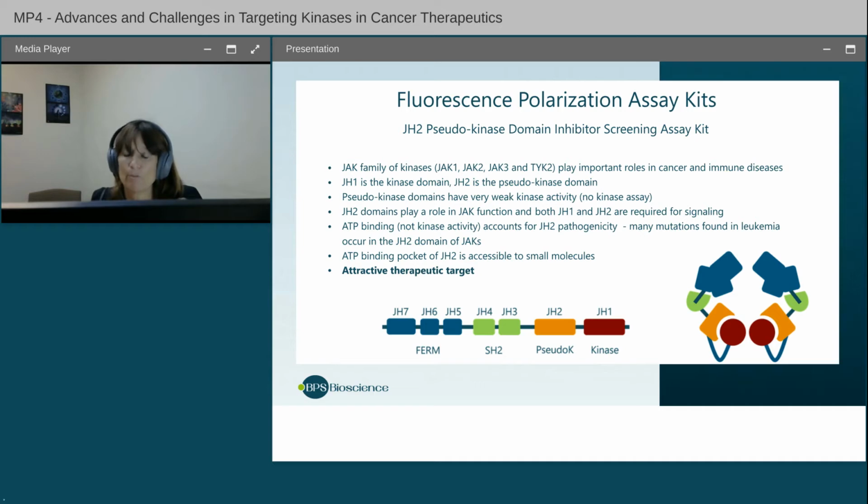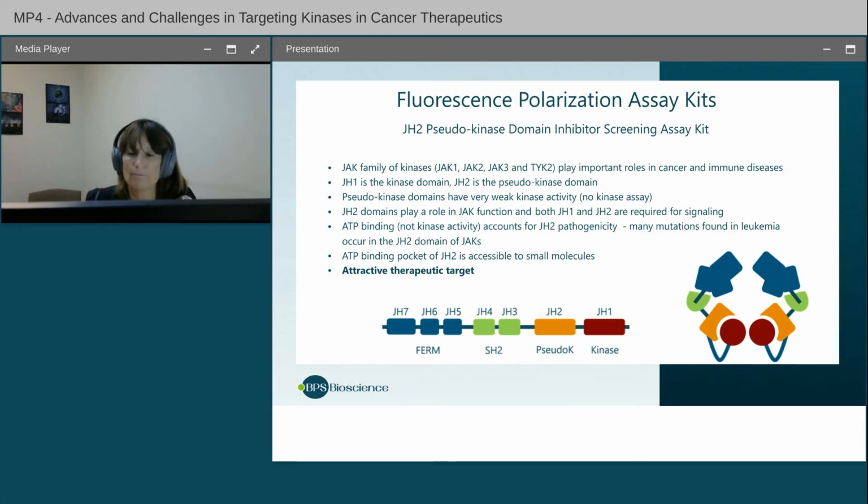JH2 domains, however, play a role in the function of the kinase, and both the JH1 and the JH2 domain are required for signaling. The JH2 domain does bind ATP, which accounts for the pathogenicity associated with mutations in the JH2 domain. There are many mutations in this domain that have been found in various forms of leukemia.